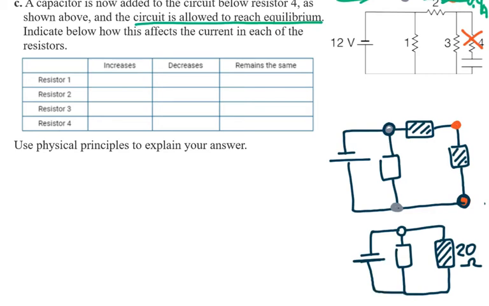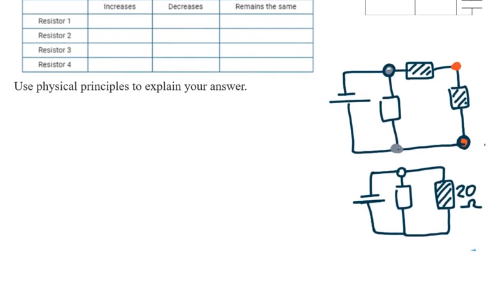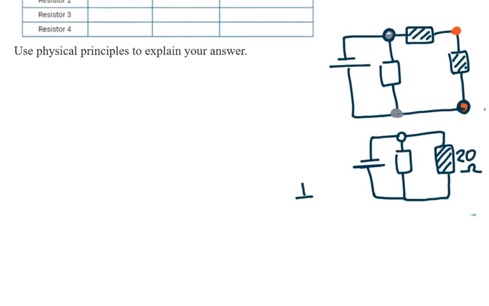So the total resistance for these two parallel ones is going to be 1 over, the common denominator is 20, so it looks like it's going to be 20 over 3.